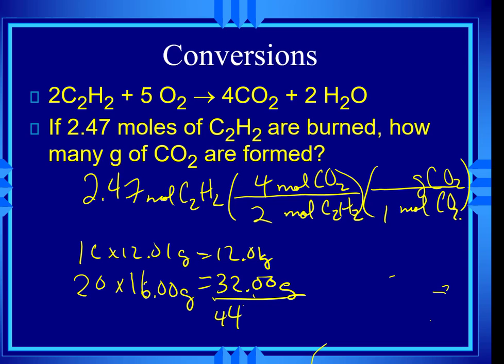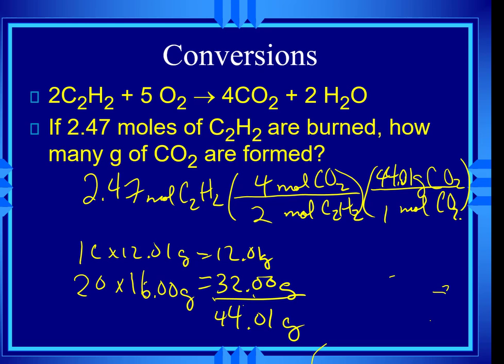That adds up to 44.01 grams altogether. And that's how many grams in 1 mole. Notice I still use 1 mole even though the equation's got 4 in front of CO2. Because that 4 is how many molecules react with 2 molecules of C2H2.